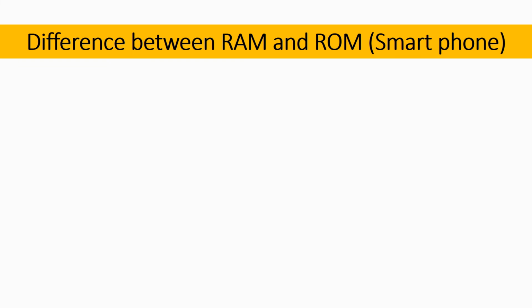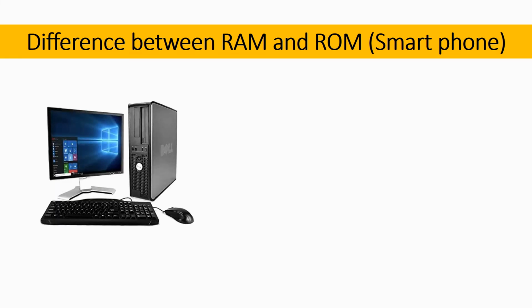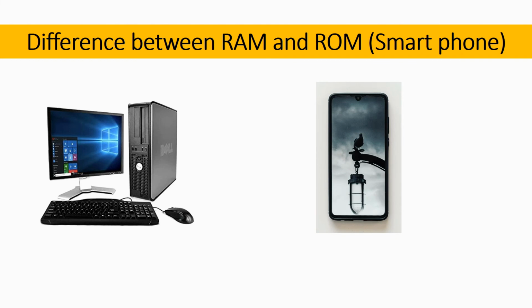Now, just for more information, let us understand the difference between RAM and ROM for your smartphone. In a smartphone also we have a RAM and a ROM. For example, this is your desktop computer and this is your smartphone. In a desktop, there is a processor, plus a RAM, plus a ROM, plus a hard disk.